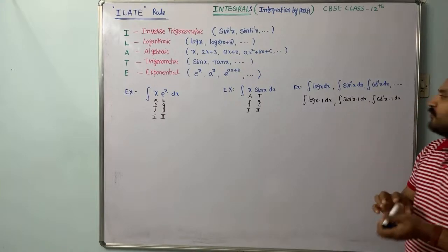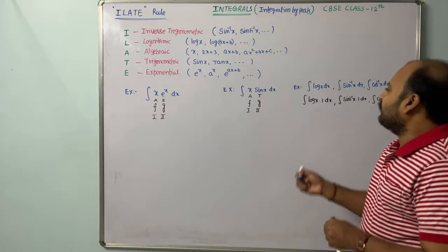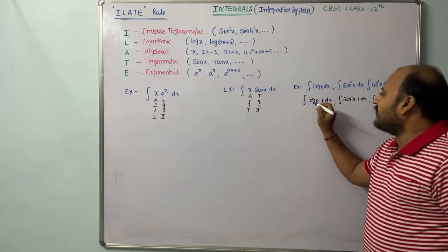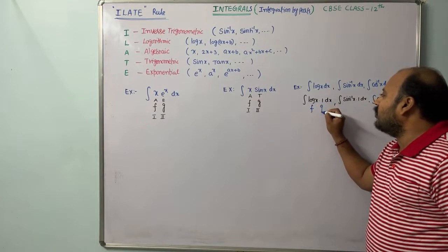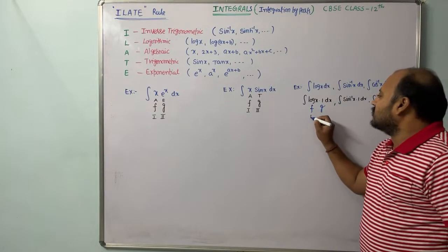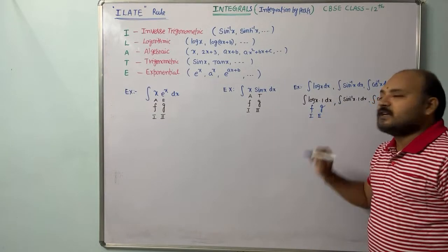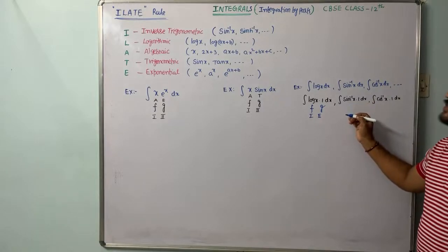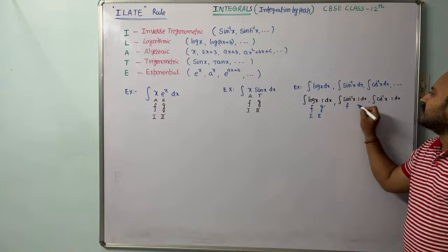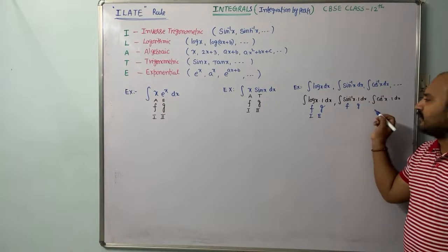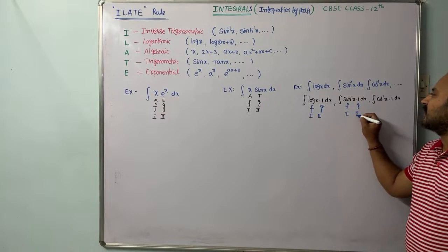In these, whatever function is there, you take as the first function, and 1 you take as the second function. So this is the first function, this is the second function. Even here, to evaluate these types of integrals, this is the first function, this is the second function.